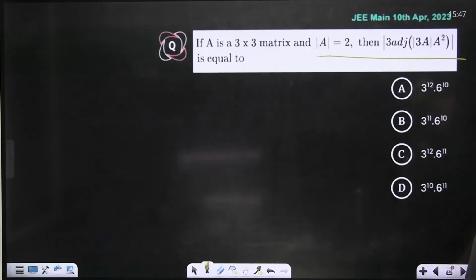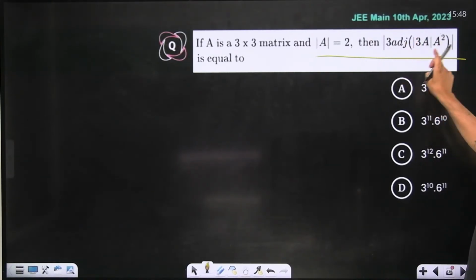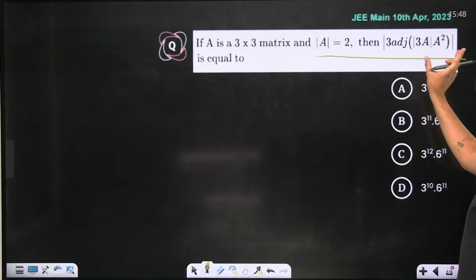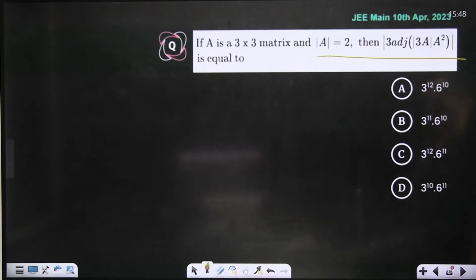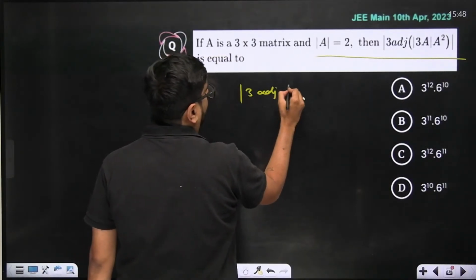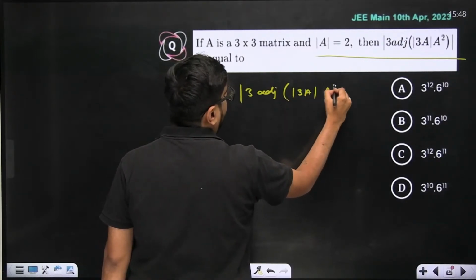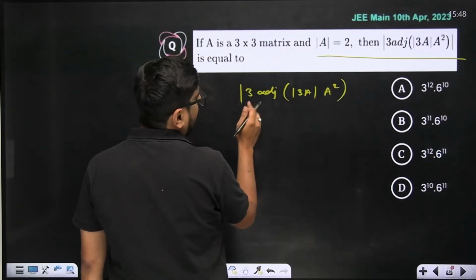Let's see this question as we saw. So first, solve step by step. First, adjoint of this entire thing. So, or what you can do, let's do this. Determinant of adjoint of 3A to the power 2, the whole squared. Now, what does this look like?